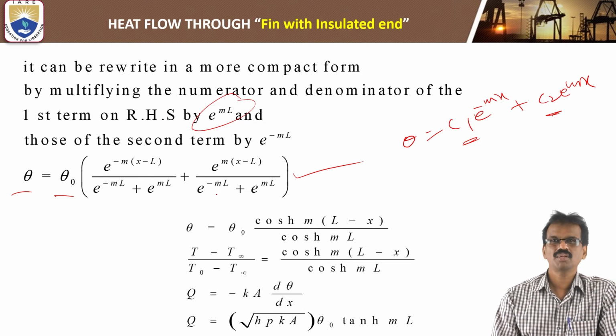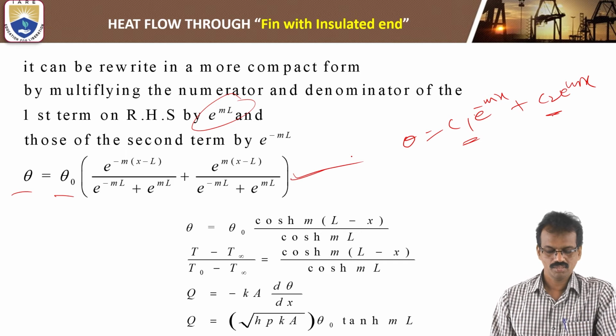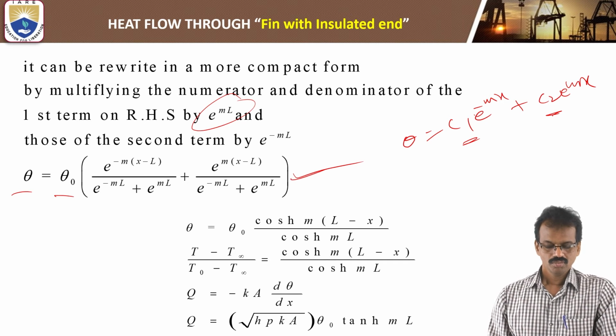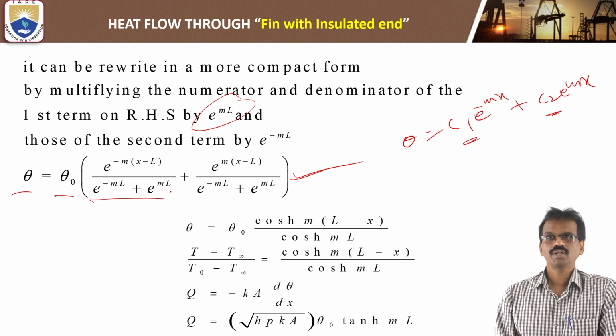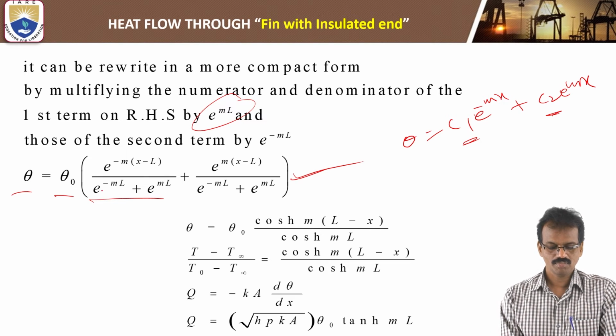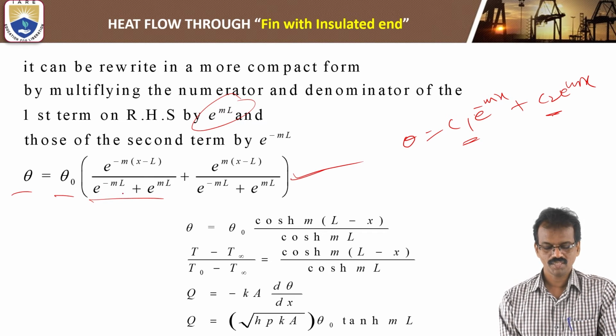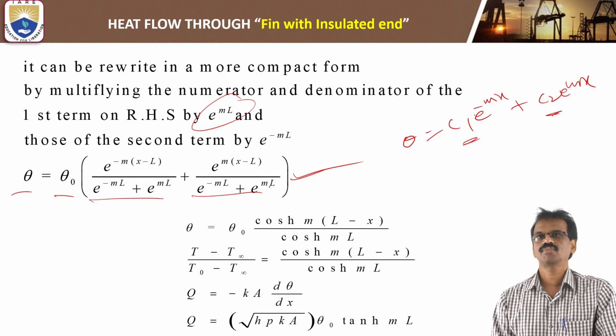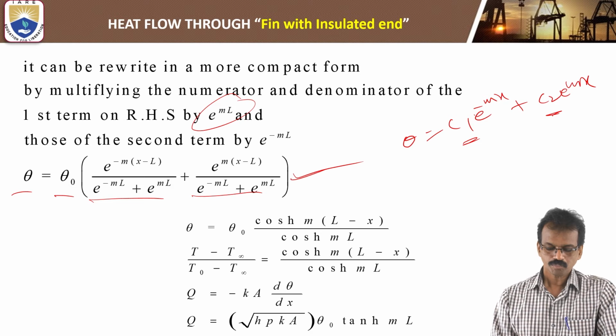This is the final term, which I have written here just to go through thoroughly. In the numerator, this is the common term: e to the power of minus ml plus e to the power of ml. Here also, e to the power of minus ml plus e to the power of ml. So take common.